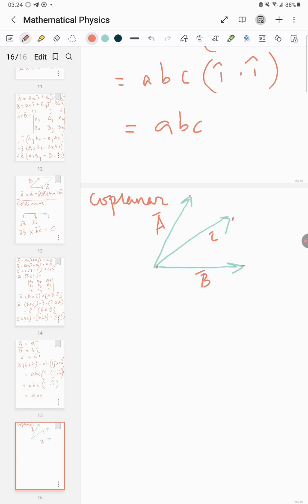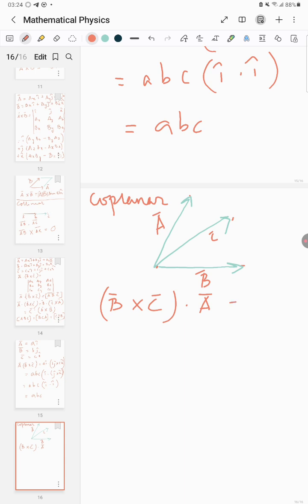So initially we find B cross C, and B cross C comes out to be in a direction perpendicular to the plane containing A, and so A makes 90 degrees with the vector which is the resultant of B cross C. So 90 degrees means cos 90 means 0.